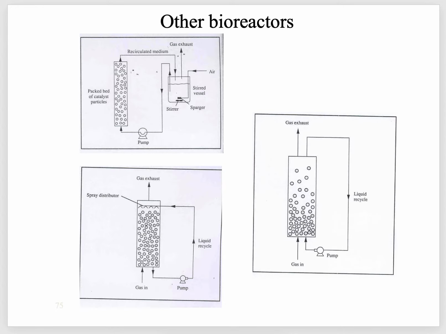So what does it mean? This is a schematic figure of a packed bed bioreactor. The catalysts are packed here, that is, immobilized here. The liquid, that means the media, we can inject through here using a pump. If we use high force, the velocity of the media moving upwards will be high, and at that time mass transfer can occur between the liquid and the catalyst.